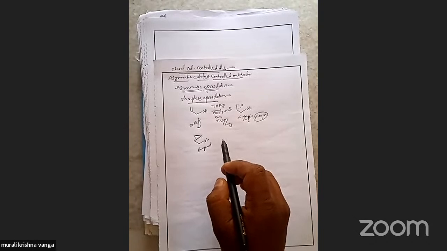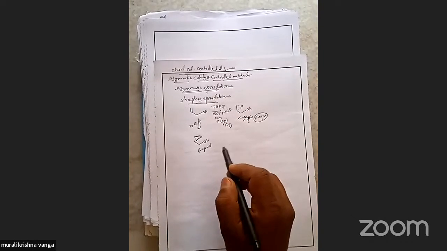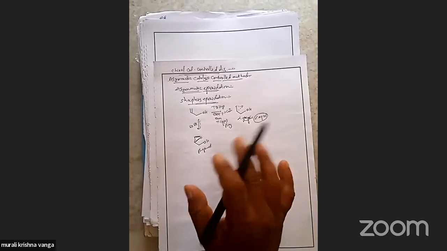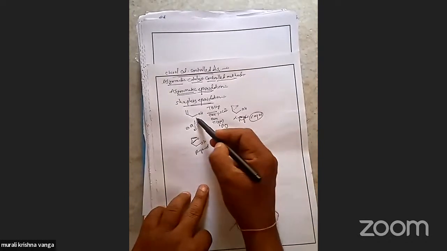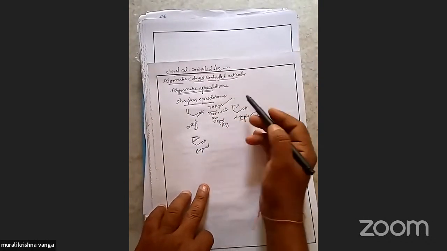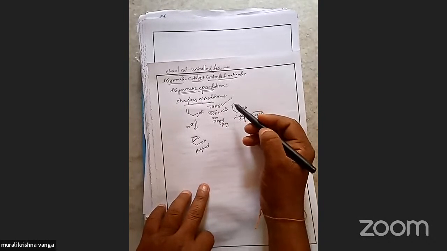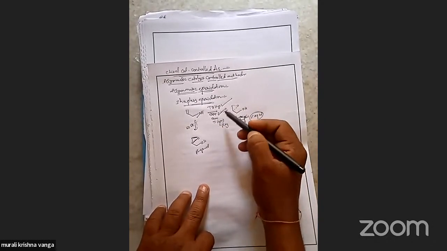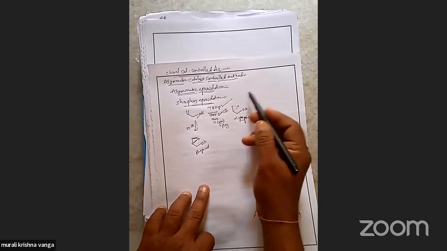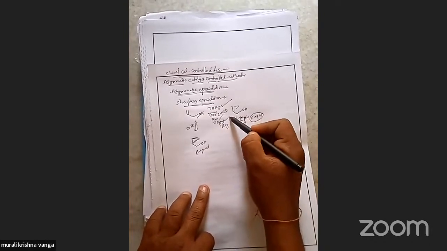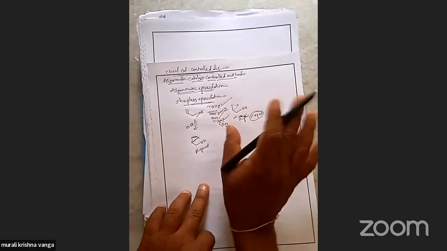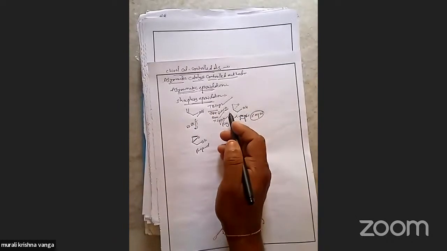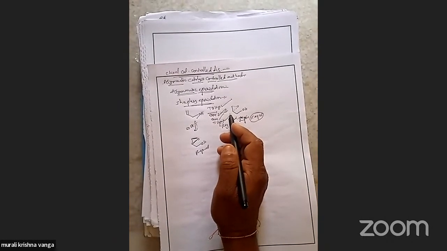So the essential requirements for the Sharpless epoxidation are allyl alcohol, tertiary butyl hydroperoxide, plus DET, diethyl tartrate as the catalyst, DCM solvent, and titanium isopropoxide as the reagent.